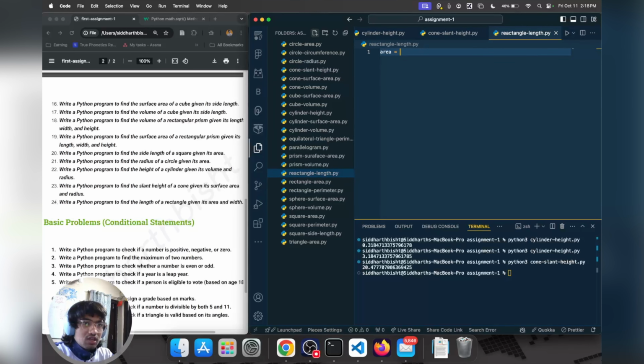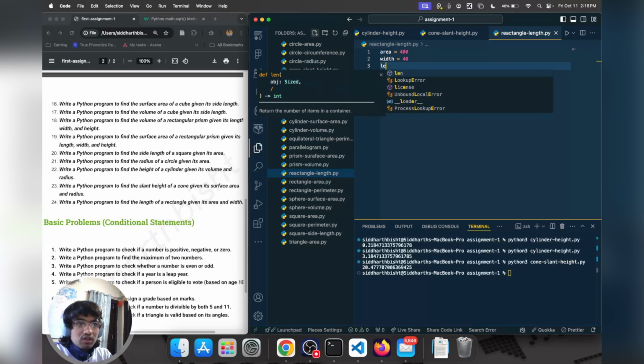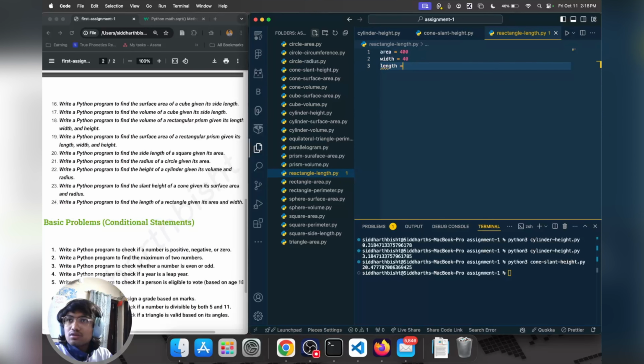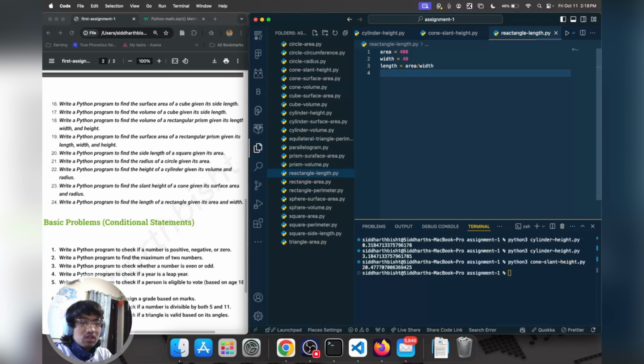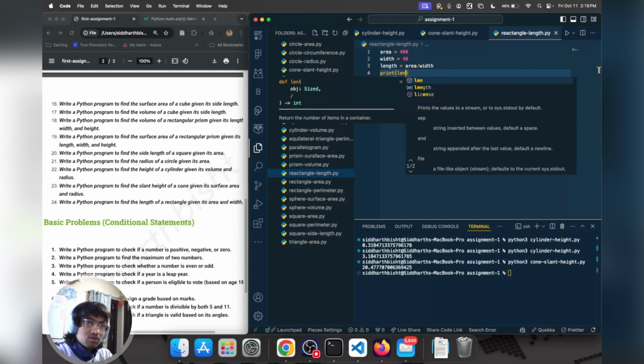Okay, we are given its area, let's take anything, and its width, let's take anything. And we have to find length. Again a simple formula: area divided by width, and I got my length. That's all.